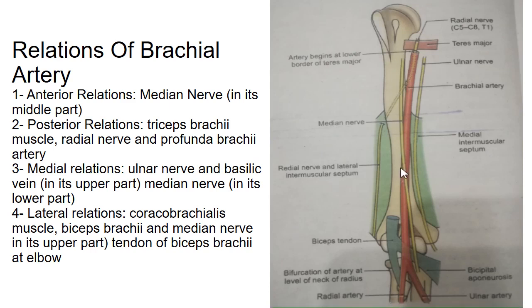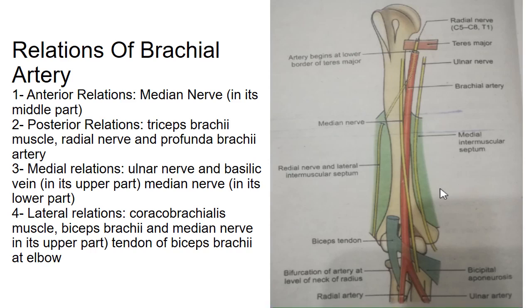In the middle part of the artery, median nerve comes anterior to it, and in the lower part of the artery, median nerve becomes the medial structure of the artery. It comes on the medial side of the artery in the lower part of arm, right?